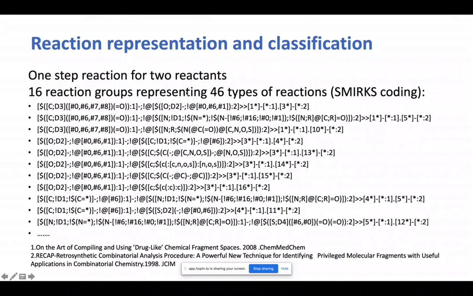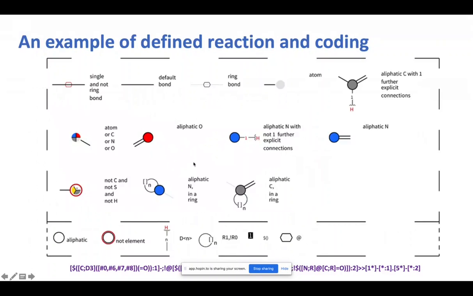And then we actually define these reactions into 46 types, and they are grouped into 16 categories. They are encoded by such SMIRC representations. So this representation you can view as its underlying chemical knowledge and chemical reaction possibilities or rules.